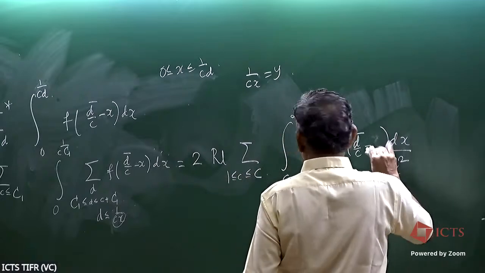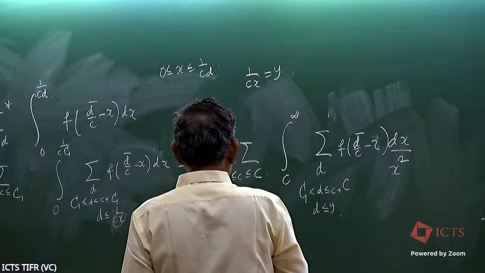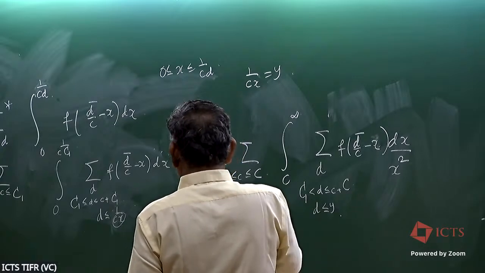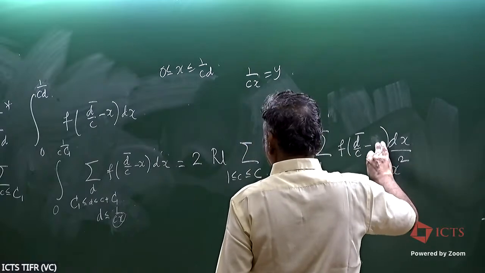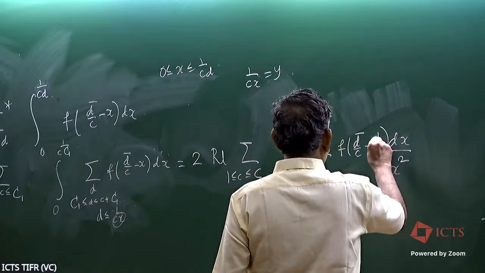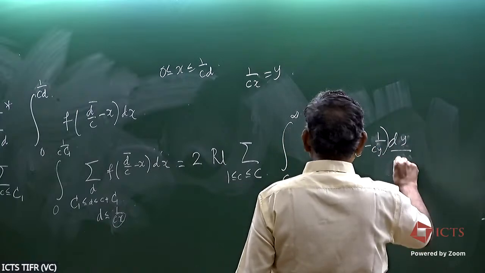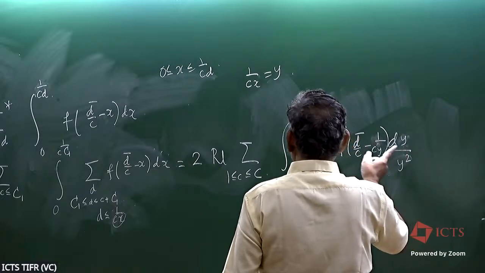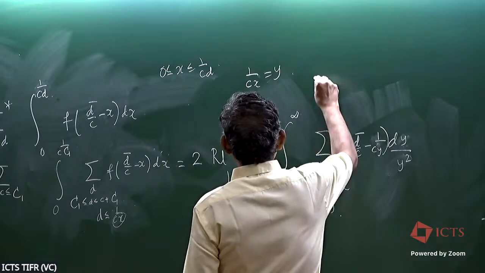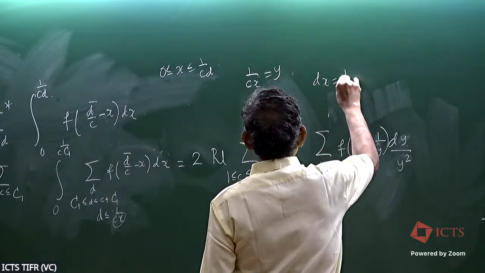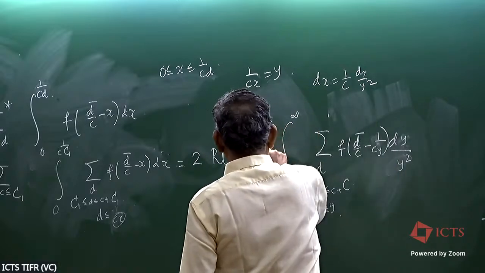Let me check what I did. 1 by Cx is what I changed to y, and therefore x will be changed to 1 over Cy, and dx will give you a dy by y square. And dy also will give you a 1 over C. Thereby, there will be a 1 over C.